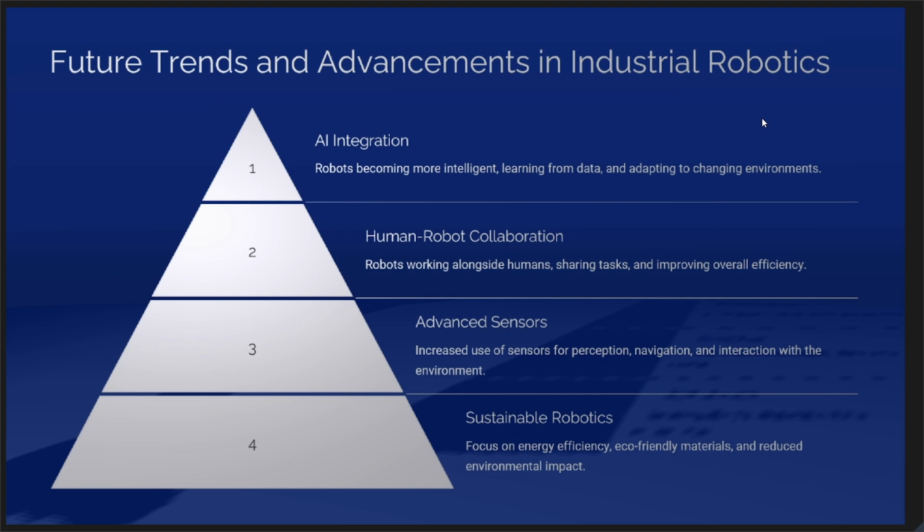Robots are becoming more intelligent; they learn from the data and adapt to the changing environment. As I said earlier, one best example is self-driving cars. They learn from the data and adapt to changing environments. And even for industrial robots where human interaction is limited, like space sciences, it is vital for the robot to learn and adapt to the changing environment.